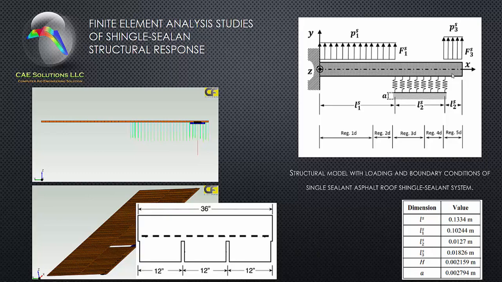Okay, and we will apply the uplift load. You can see in this picture. Also, we will model another case without the sealant material. Here we have the geometry dimensions that we will use in our models.